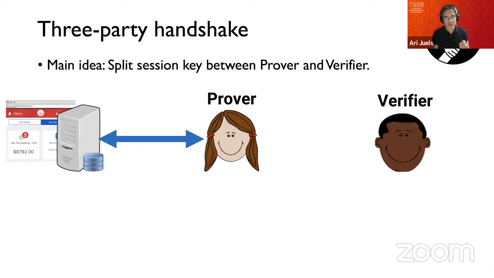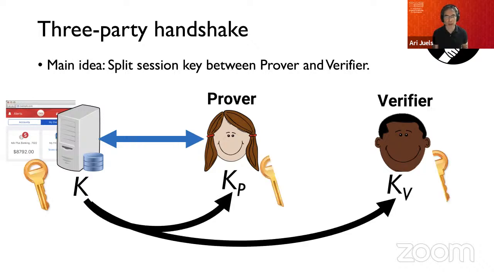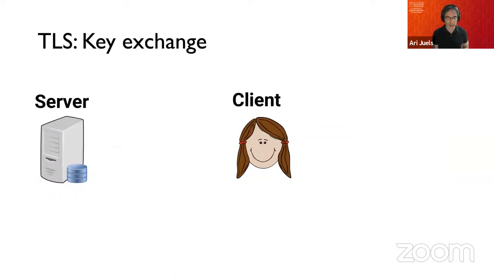The basic idea here is to split the session key between two parties, a prover and a verifier, rather than the user, as in the typical scenario, holding this key entirely herself. The key will be split between the prover and verifier for reasons I'll explain in a moment.